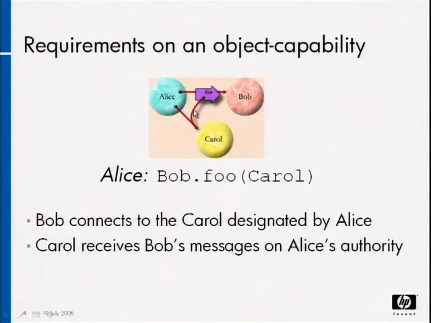All Bob wants to do is make sure that the messages he's sending are being delivered to the object that Alice designated. Think about what we normally think of when doing authentication. For instance, you connect to a website and you get back an X509 certificate, with all this information coming from the site that you connected to, giving you metadata about who it is, where it is, and who it belongs to. Most of the time, that's pretty irrelevant to you.